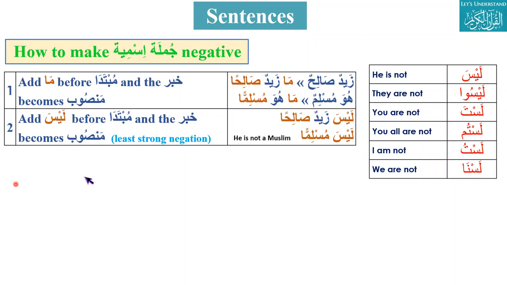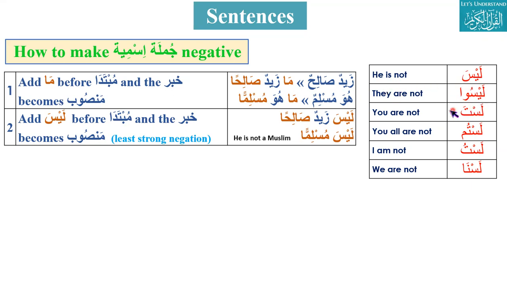Laysa is one of the special af'al naqisa, and it has only one column, madi, but it is translated as present: laysa, laysu, lasta, lastum, lastu, lasna, and sometimes laysat for feminine. It has six forms of fi'l madi, but it is translated as present.